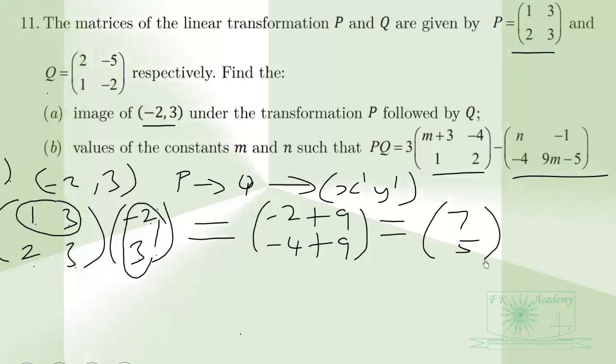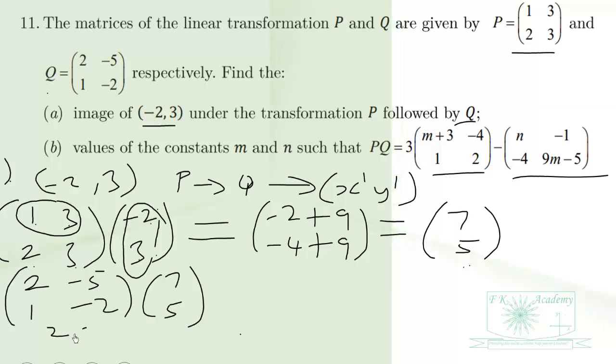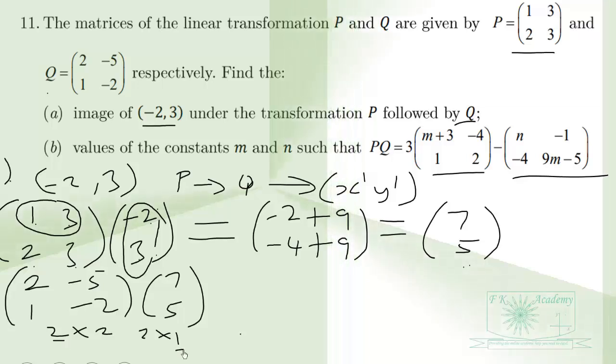So we have to again transform this under Q. So we have Q, [2, -5; 1, -2]. Again, we have a 2 by 2 matrix multiplying a 2 by 1 matrix, and we are going to get a 2 by 1 result as we had here.